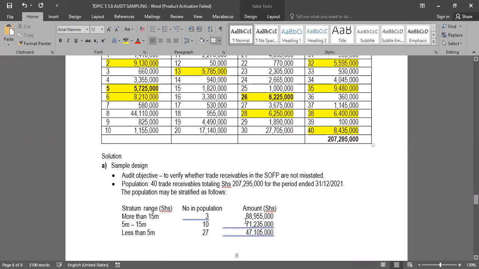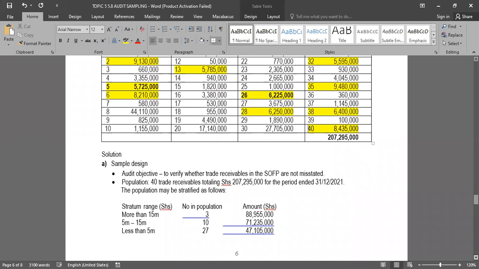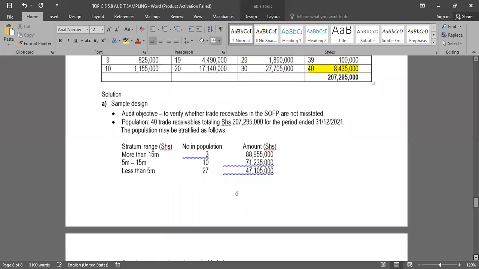For the amounts, when you add 88 plus 71 and deduct it from the 207, you end up with 47. So those are the clusters.